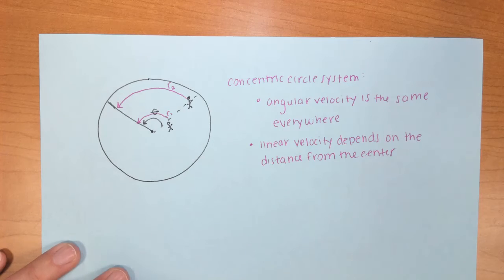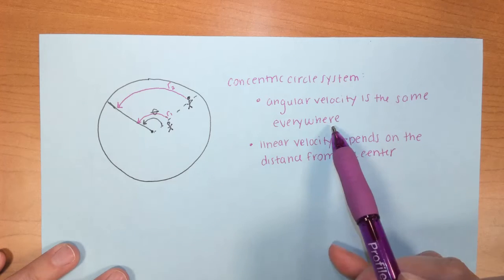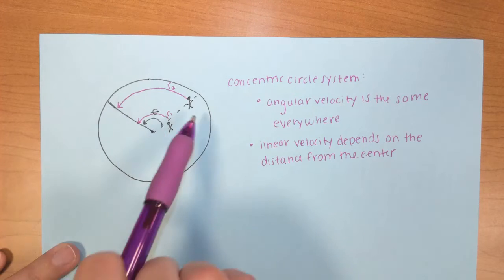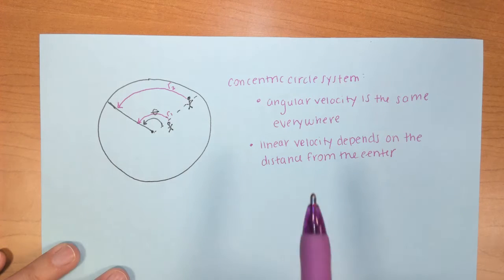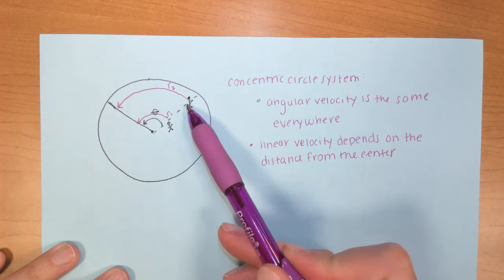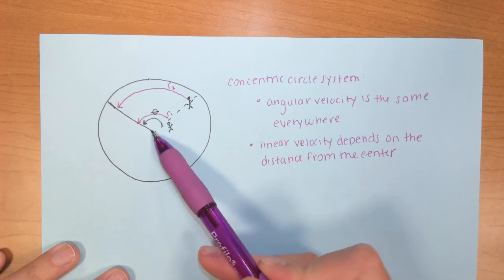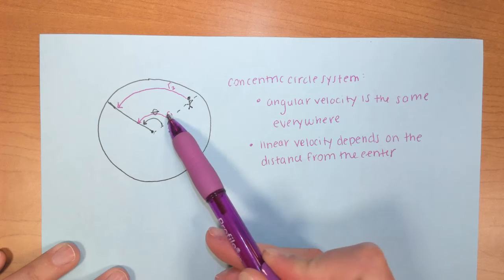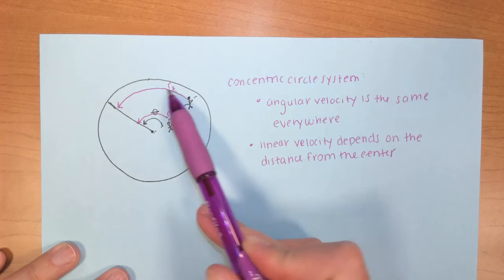So angular velocity is going to be the same everywhere. We're going to turn through the same angle in the same amount of time, but the linear velocity is going to depend on your distance from the center. Again, the person closer to the center, with the smaller distance from the center, has to travel less far than the person farther away.